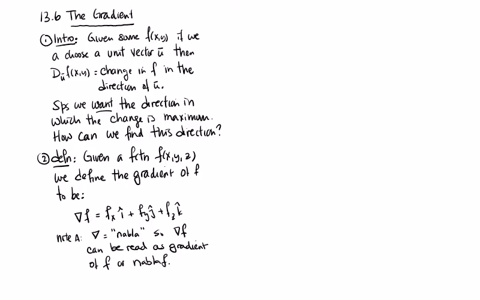Note B is an alternate notation, which is to just write grad f. There are strengths and weaknesses to both. The nice thing about writing grad is it tells you what you're doing, but the nice thing about writing nabla is it's sort of instructional in terms of what's actually going on, and we'll say more about that later.